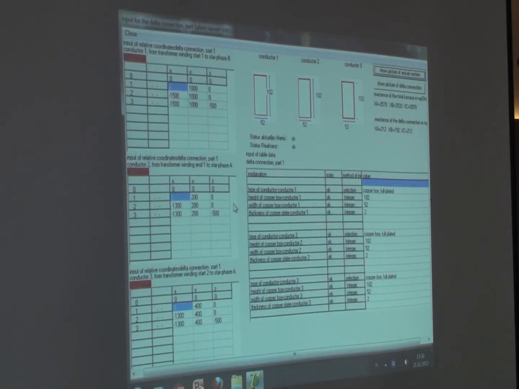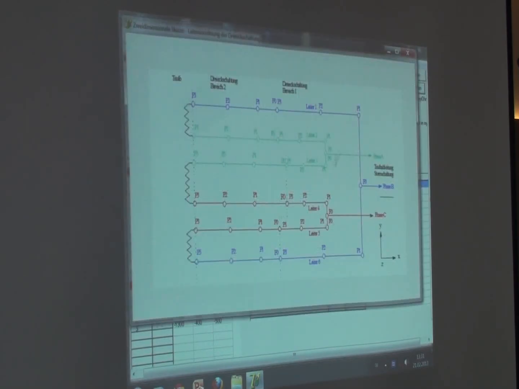And now we would like to understand how this works. You know that we start our absolute coordinate system in this point, and if we have a delta connection, we must go into the negative direction of the x-axis.